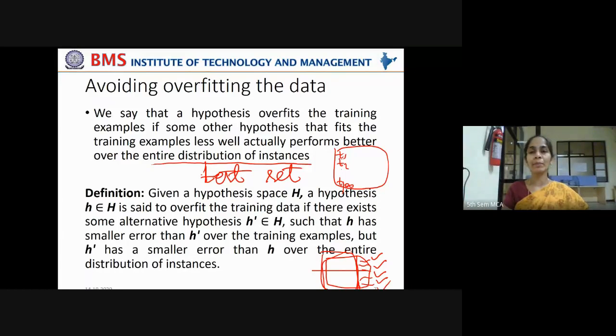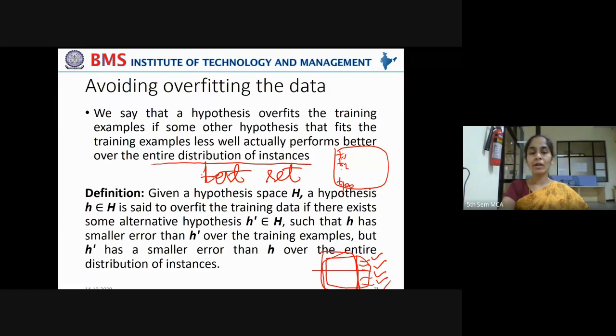If it is performing better with the test set, then it is said not to overfit. If it is not performing better with the test set but performing better with the training set, then it is said to overfit. Keep this concept in mind. It will be made more clear further.